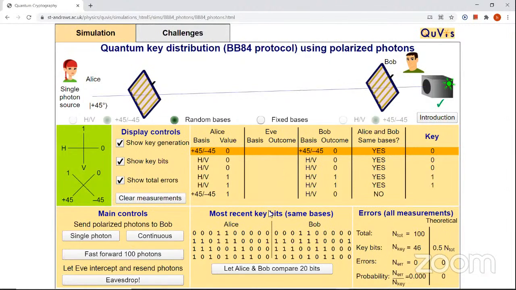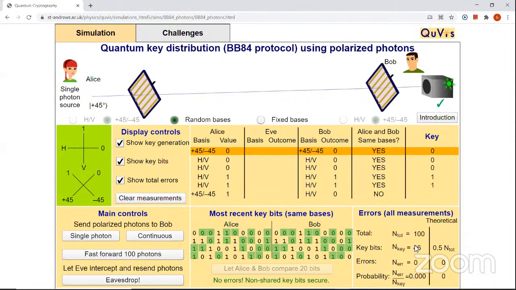So out of this 100, what we are saying is that 46 times the bases were matching. See here this error thing. Out of 100 photons, approximately 46 were measured by Bob in the same basis. So those 46 will be used for key.